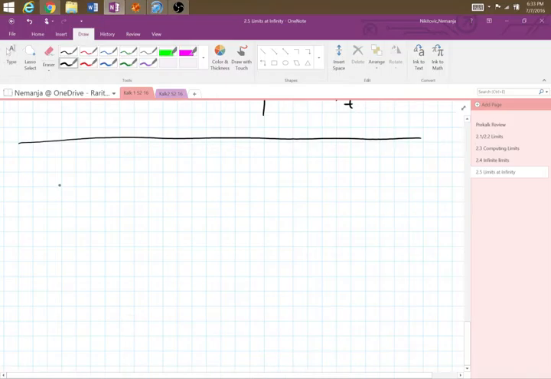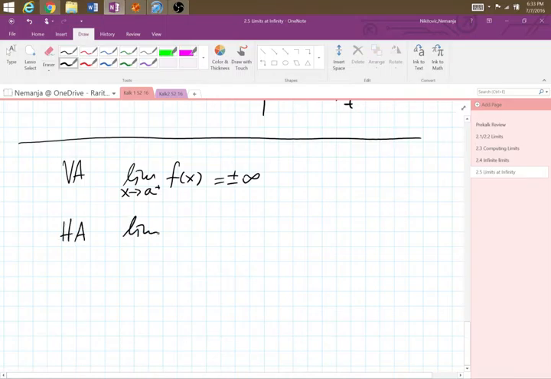Infinite limits were the vertical asymptote, where the limit as x goes to a finite value of f of x from either side, plus or minus, needs to be positive or negative infinity in order for us to have a vertical asymptote. And then we had the horizontal asymptote, where the limit as x goes to positive or negative infinity of f of x needs to be a finite value to give us the horizontal asymptote.